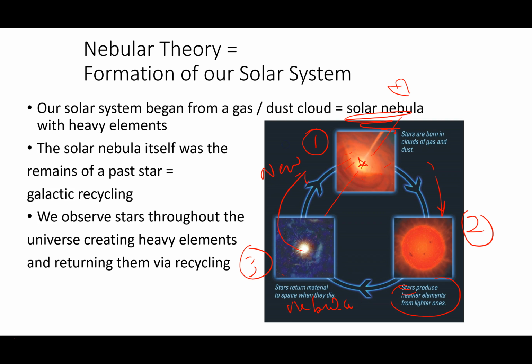So that's how that goes. Now, I don't like the word. I would call this stellar recycling, but they call it galactic recycling. But actually, it's the star living its life and then giving its material back.